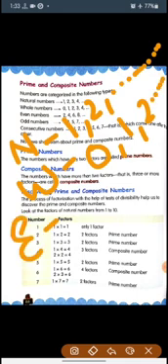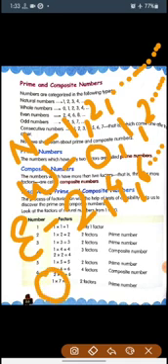Even numbers. Even numbers are the numbers which are divisible by 2: 2, 4, 6, and so on. Odd numbers are the numbers which are not divisible by 2. For example, 1, 3, 5, and so on are the odd numbers.